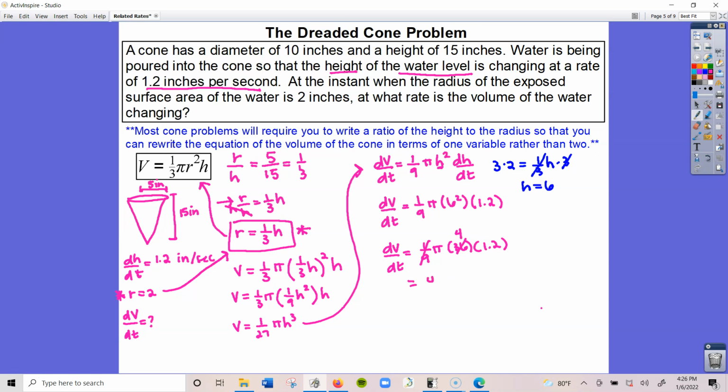So I have now 4 pi times 1.2. And 4 times 1.2 is 4.8 pi. And now we have to have our units. So dV/dt is equal to 4.8 pi. My units are inches, and this is volume, so this is going to be inches cubed per second.